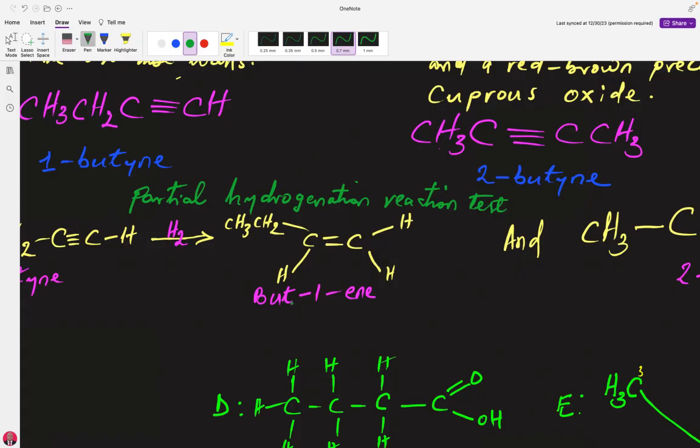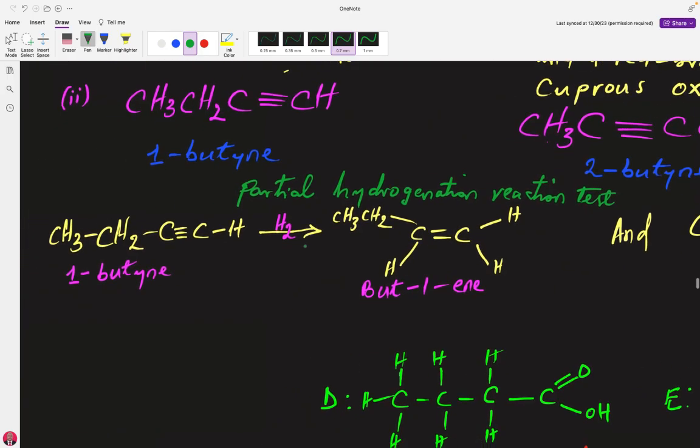I said reacting 1-butyne and 2-butyne with 1 mole of hydrogen will produce alkenes, and the differences are these. 1-butyne will produce a terminal alkene. This is the terminal alkene here. When you react 1-butyne with hydrogen, the hydrogens are added here. One of the hydrogens is added here, and one of the hydrogens is added here. So it now becomes this one and this one.